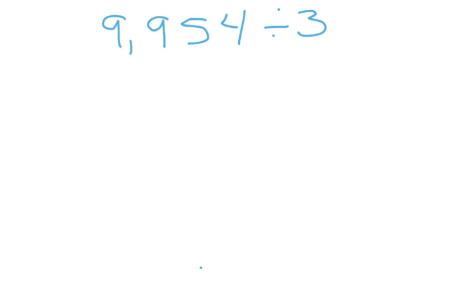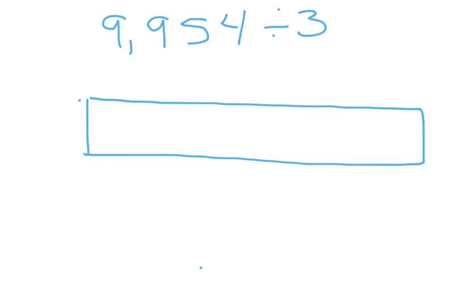Now, if we look though, this is a 4-digit number. So you know what that means? I'm going to draw one gigantic box because it's got to have 4 place values in it. This thing is huge.